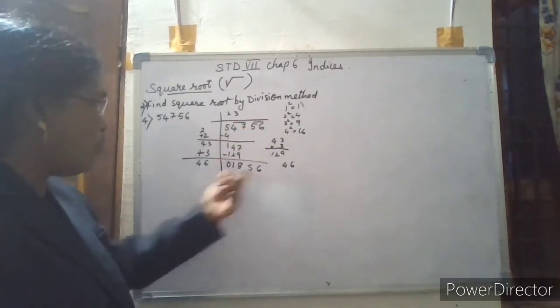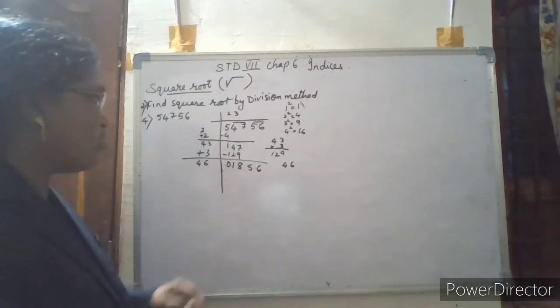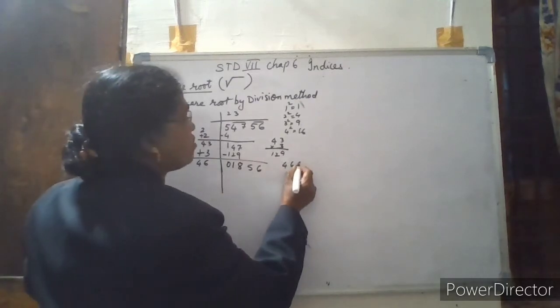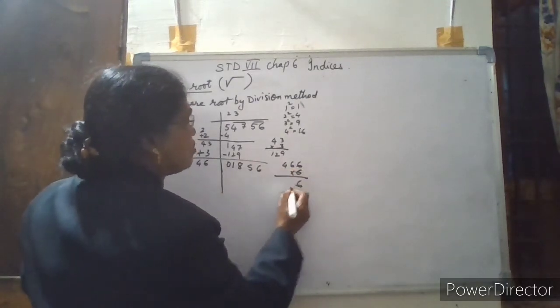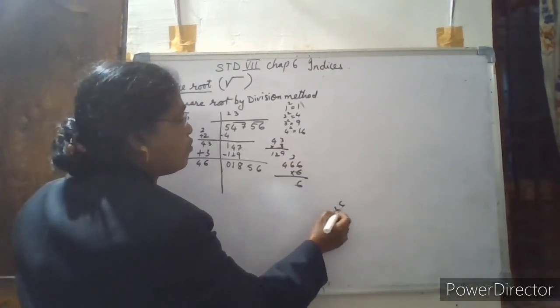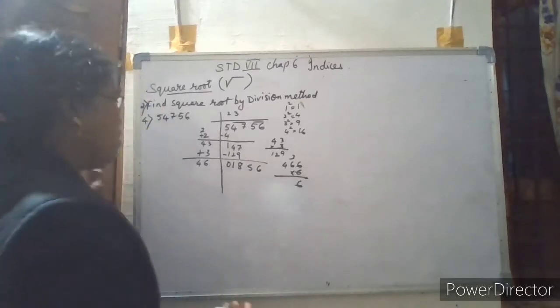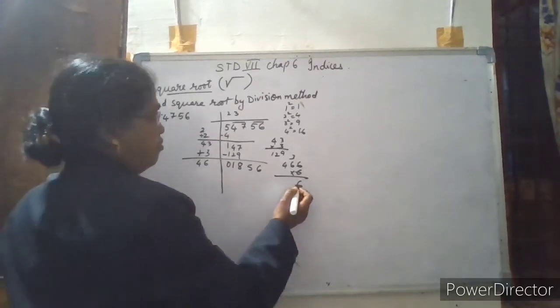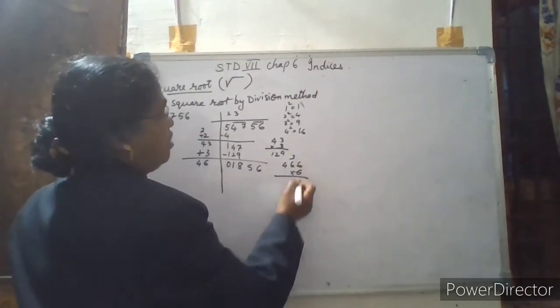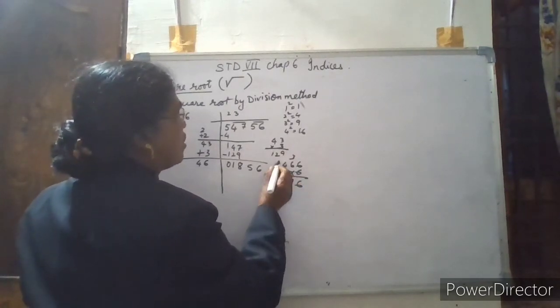The last digit is 6. If I multiply this by 6, 6 6 I will get 36. Or I will take 4 into 4, 4 4 16, then also I will get 6. So let me try with 6. 6 6 is 36, carry 3, 6 is 36, 38, 39, 9, carry 3, 6 4 is 24, 25, 26, 27.